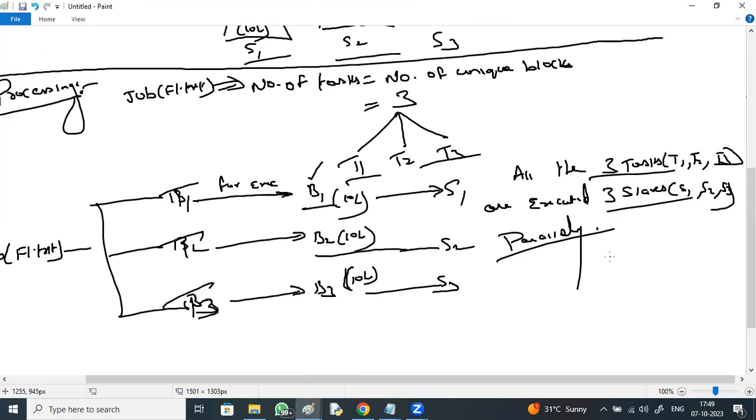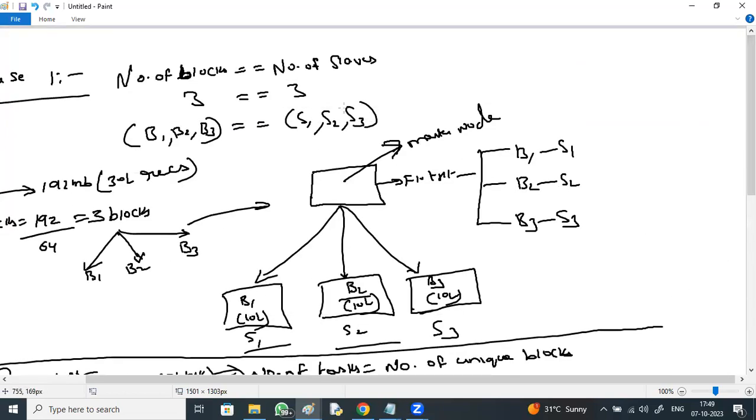So, full parallelism, high speed. High speed means that here no task is in the waiting state. All the tasks are executed. So when the number of blocks is equal to the number of slaves, you are going to see high speed, full parallelism, and no task in the waiting state.